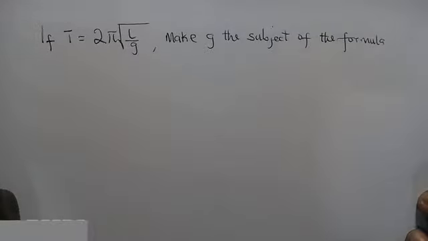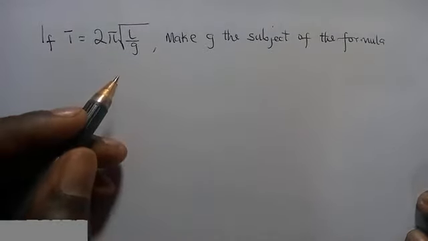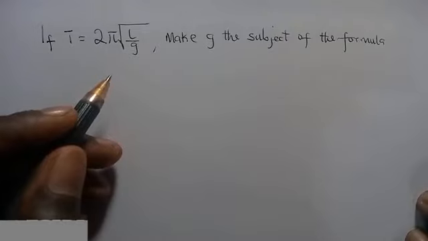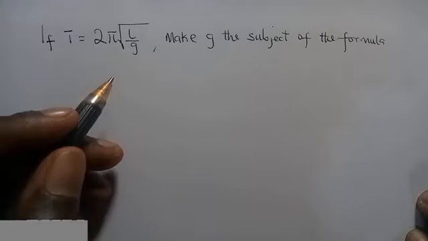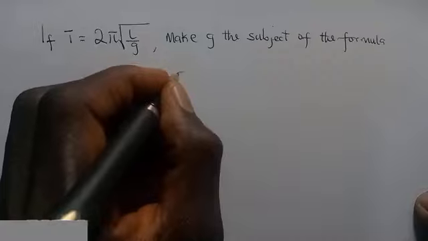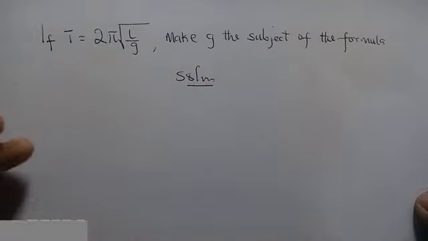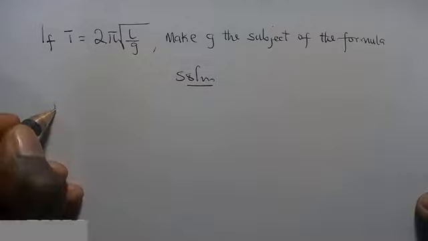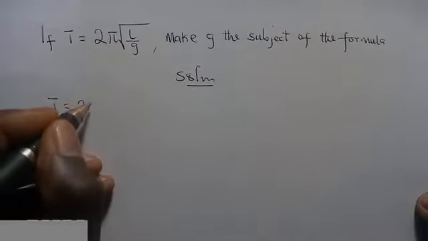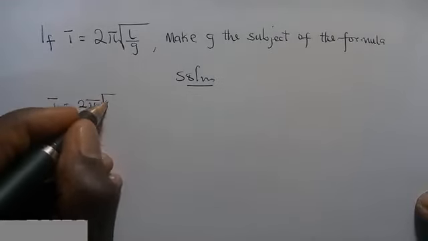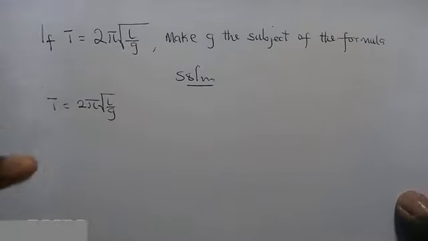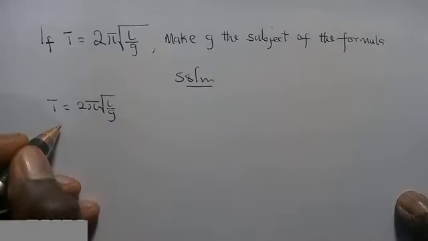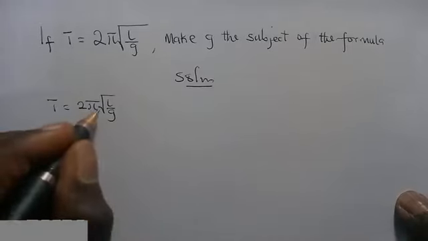This question says, if T is equal to 2 pi multiplied by the square root of L over G, we are to make G the subject of this formula. So we write the formula here again, T equal to 2 pi square root of L over G. Again, the first thing we are going to do is find the square of both sides.